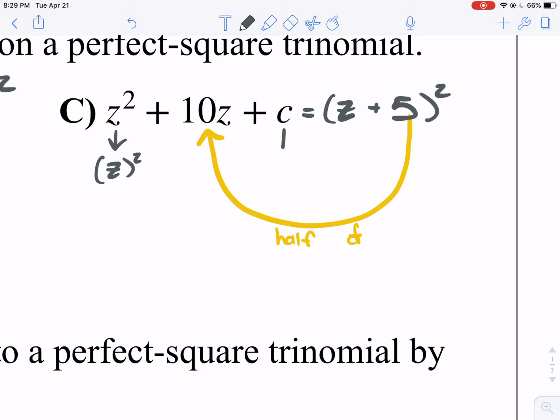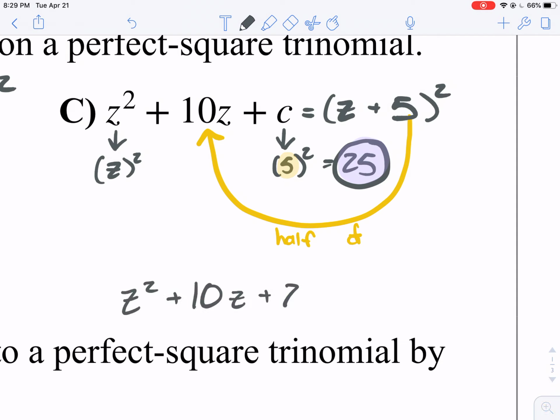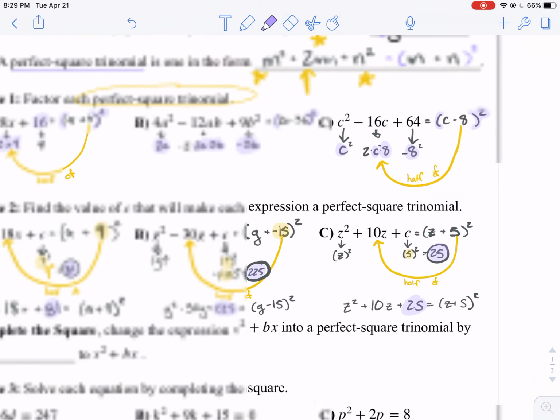Awesome. That means C is going to be 5 squared. 5 squared is 25. So we want to add 25 to make this a perfect square trinomial. Let's check if that works. So if we have Z squared plus 10Z plus 25, that is equal to (Z plus 5) squared. Awesome. So 25 is the number we're going for.